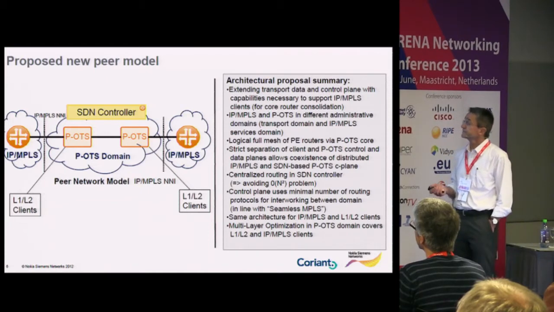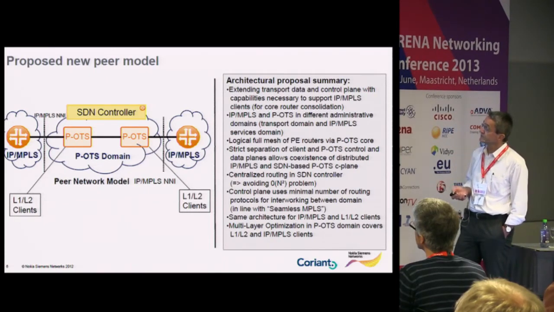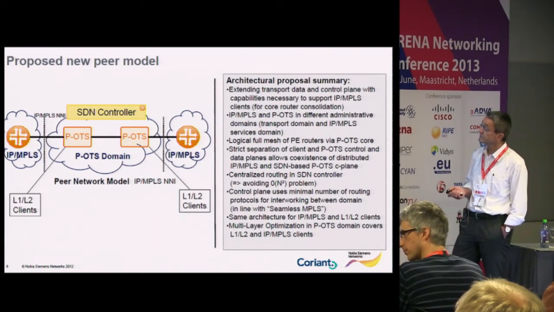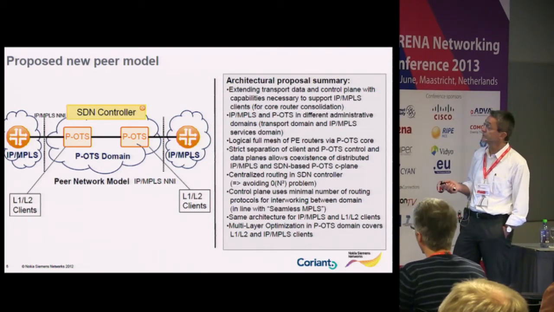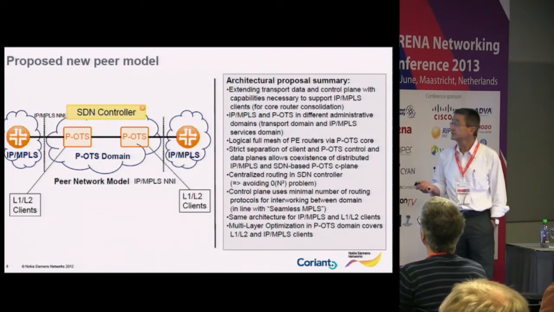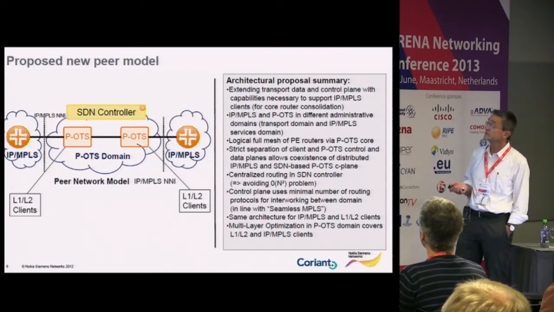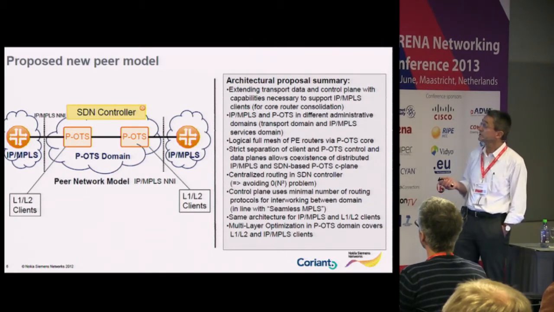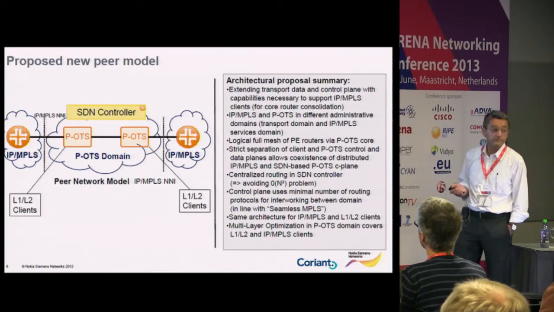Now the key architectural proposals are to have IP MPLS and POTS in different administrative domains, to have a logical or virtual full mesh of PE routers via the POTS core. Of course, a strict separation of client and POTS control and data planes.